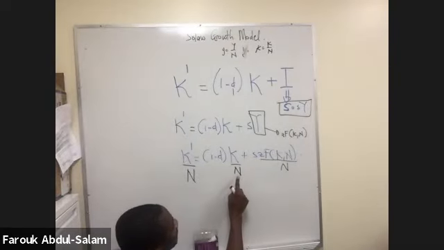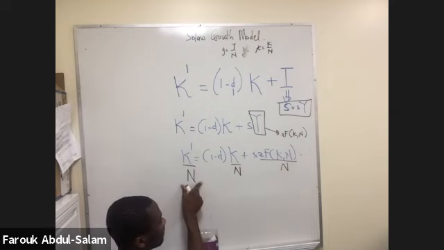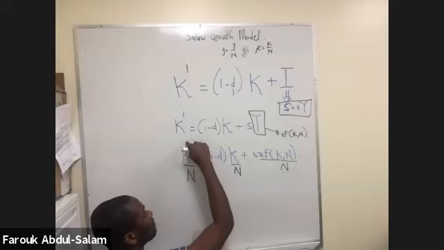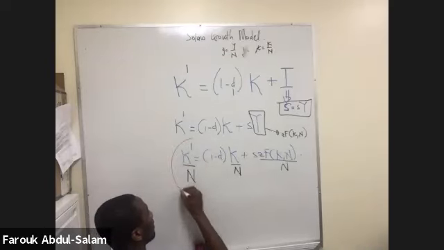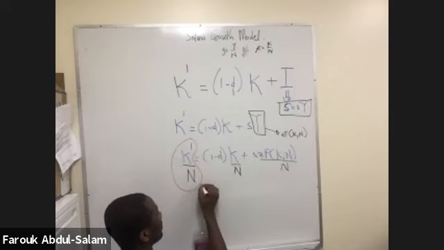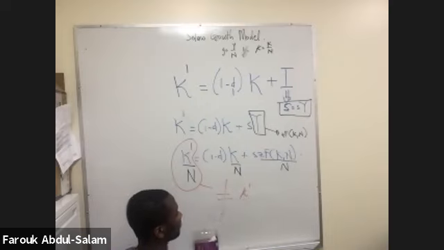If I divide this guy by n and this guy by n, then I need to divide this side by n as well. But the question here is, when I divide big K prime by n, it is not the same as small k prime.